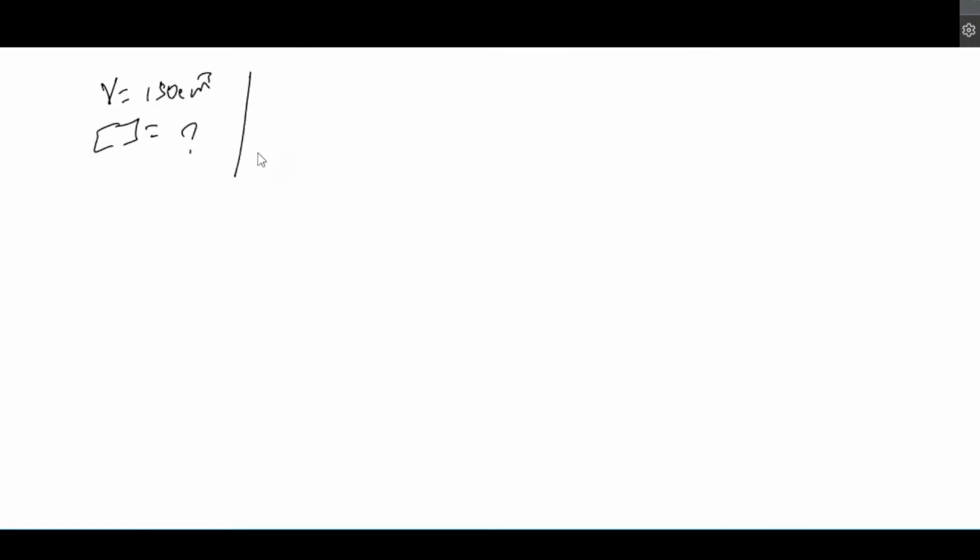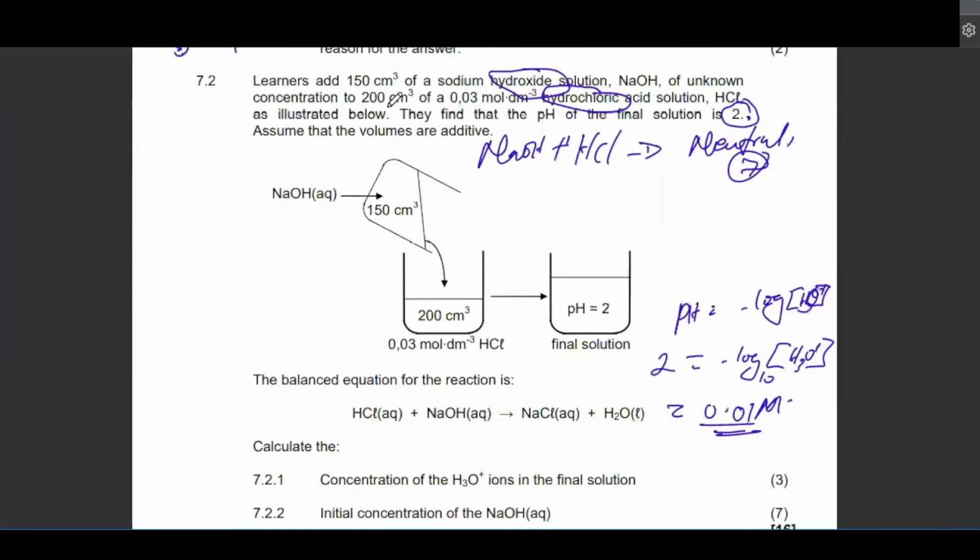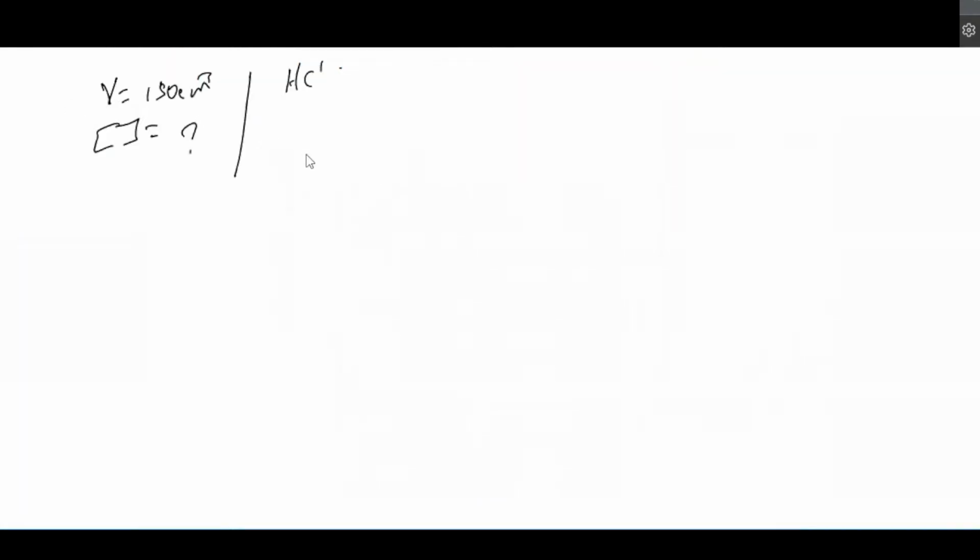But what about the hydrochloric acid? They said that it is 200 cubic centimeters and 0.03 moles per decimeter cubed. So the volume is going to be 200 cubic centimeters, and the concentration of this hydrochloric acid is going to be 0.03 moles per decimeter cubed.